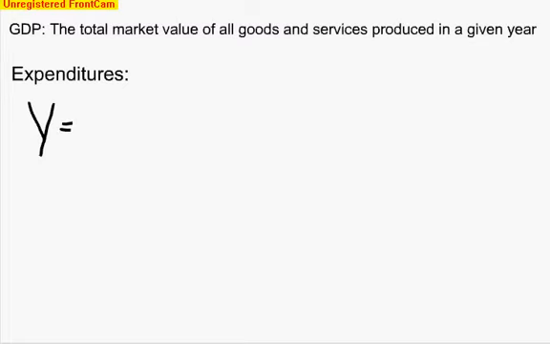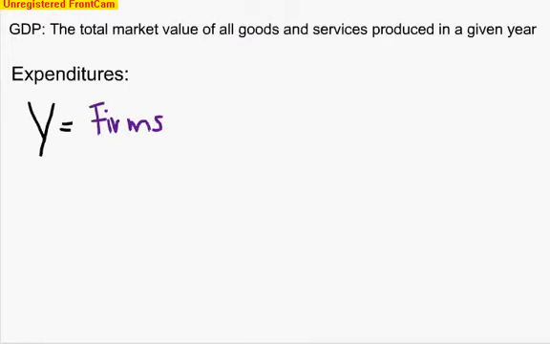When economists are adding this up, they call GDP Y, they give it that variable, not sure why. And within this, what you're concerned about is who might be spending money on goods and services in the country. So if we think about who the players are, who's spending money on goods and services, we have firms or businesses.